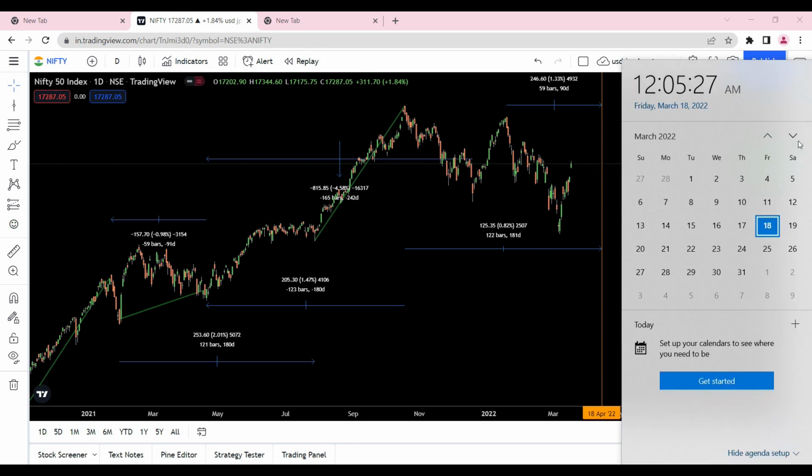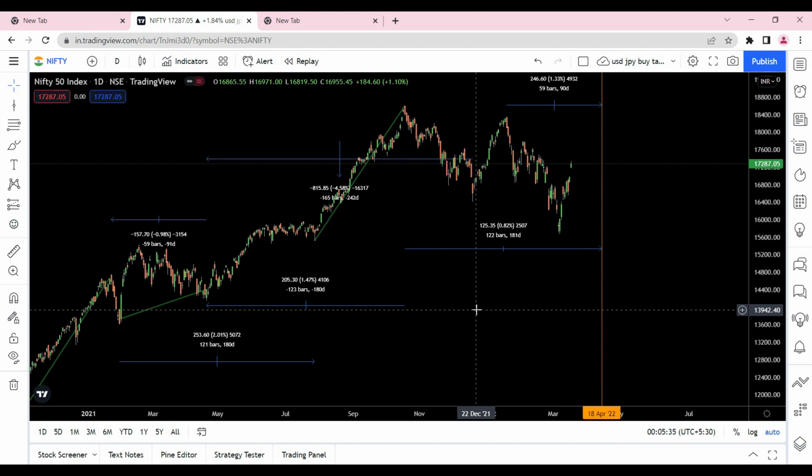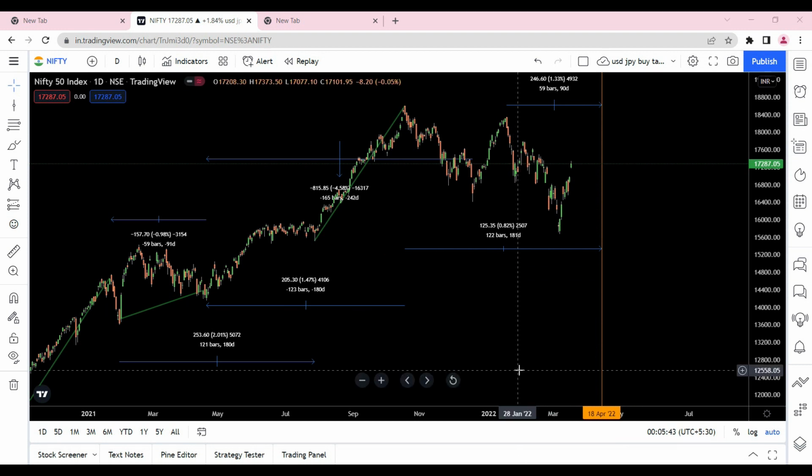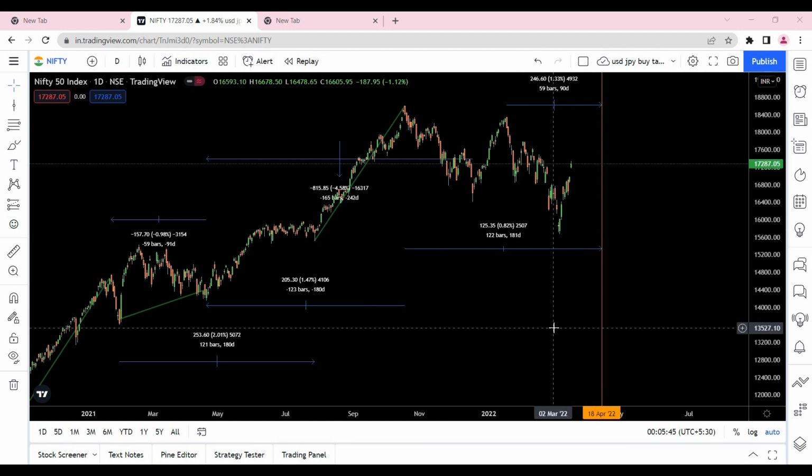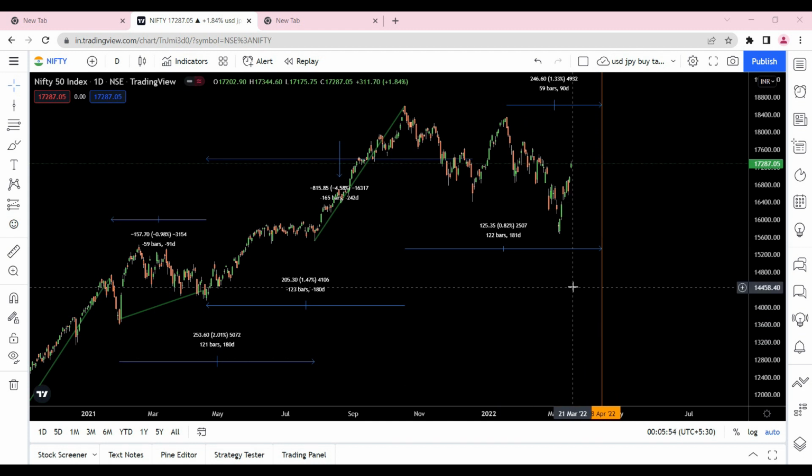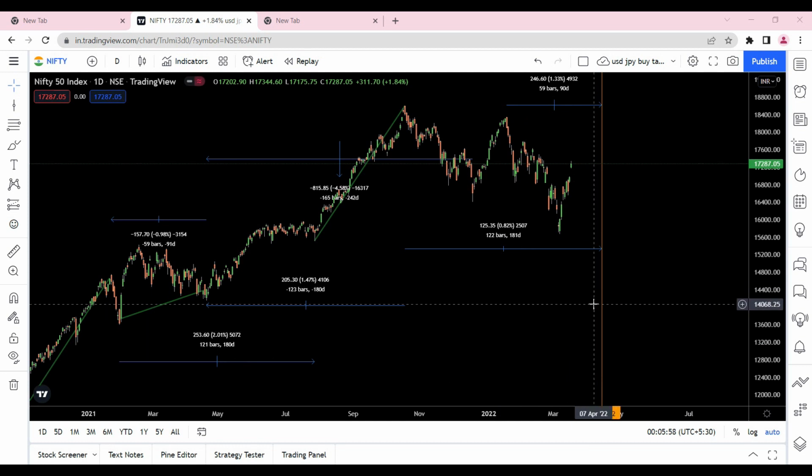April 1 is Friday, 4th is on Monday, because I have tested in Nasdaq. So these alignments were very perfect, and it gave those dates April 1 and 4. So if the correlation works well, these are the 3 dates: March 21, April 1 and 4, and April 18th.